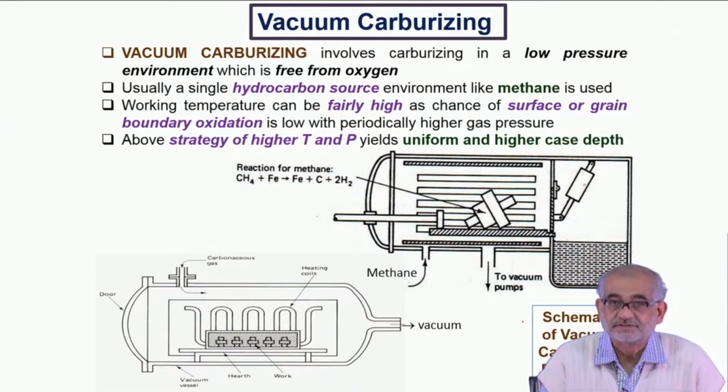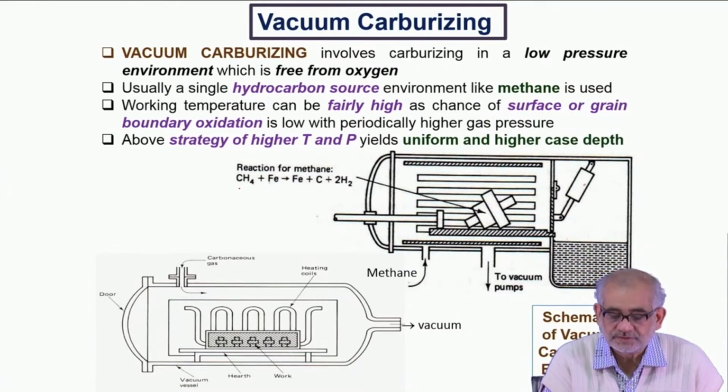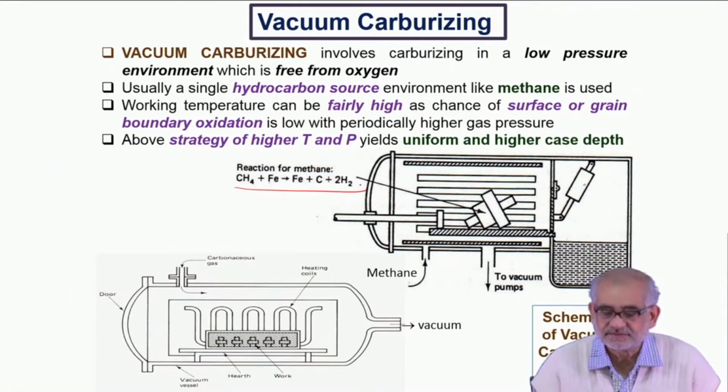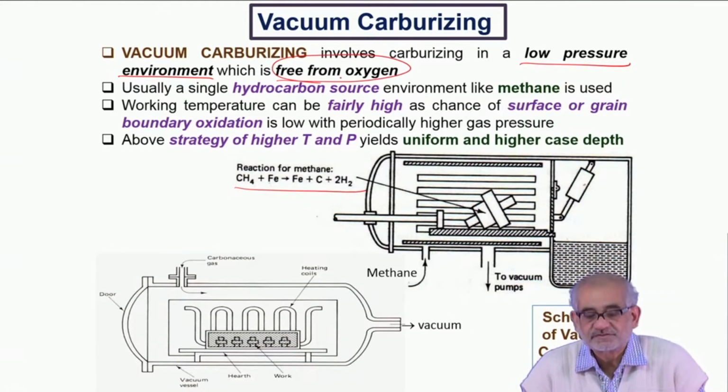Another version of gas carburizing is when we do the operation under vacuum. As I was just referring a few minutes back, by vacuum what we mean is a very low pressure environment. And the main advantage is the fact that there is practically no presence of oxygen.